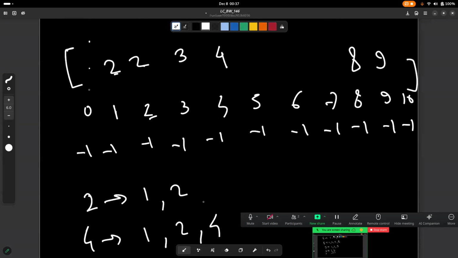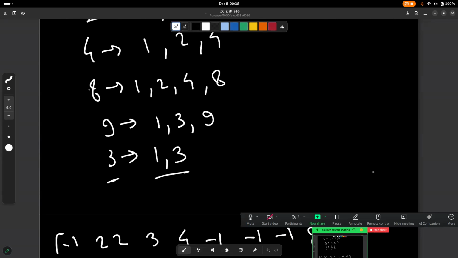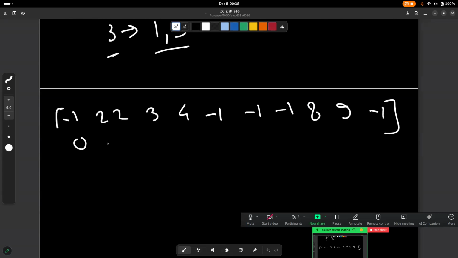4, -1, -1, -1, 8, 9, and -1. What does this indicate? Well, indices 0, 1, 2, 3, 4, 5, 6, 7, 8, 9, and 10.